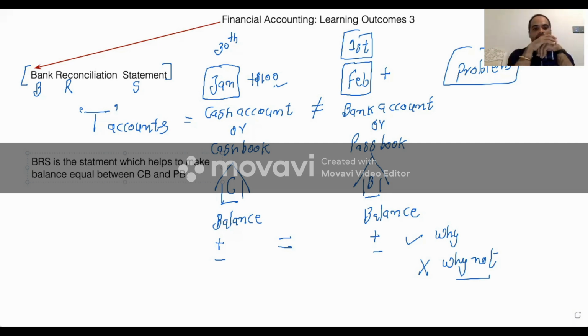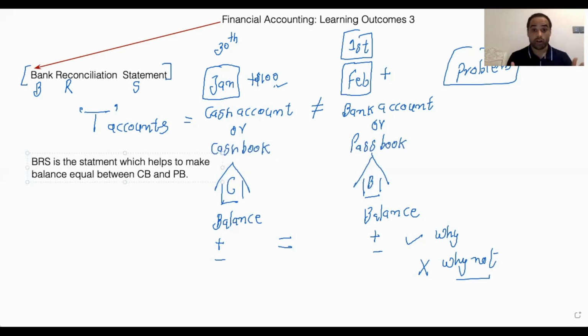So with the help of a bank reconciliation statement, we can understand whether the balance between the passbook and cash book is the same or not. If it's not, then how much is the difference?